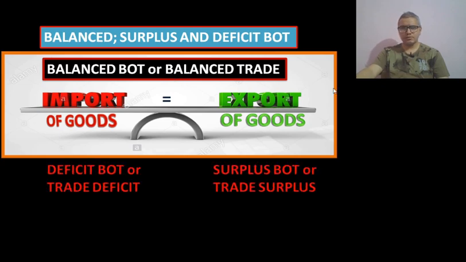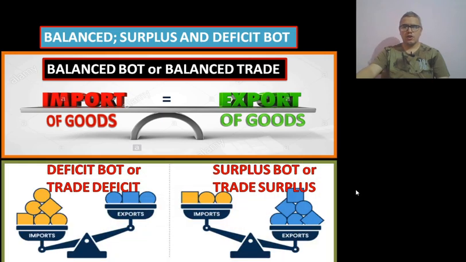Okay, now further there can be deficit balance of trade or trade deficit, or surplus balance of trade or trade surplus. So how will it take place? Whenever the value of imports is greater than the value of exports, then it is known as trade deficit.